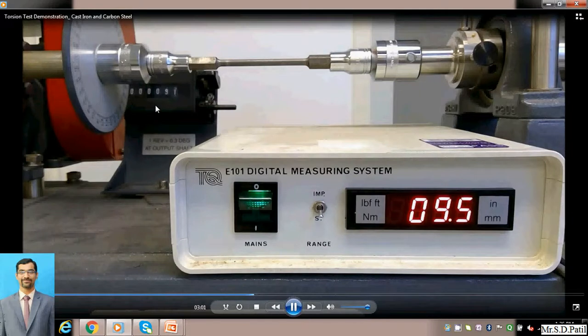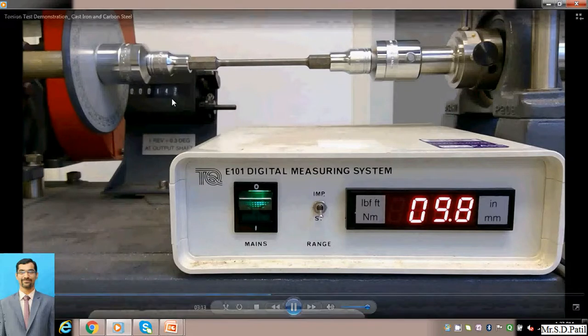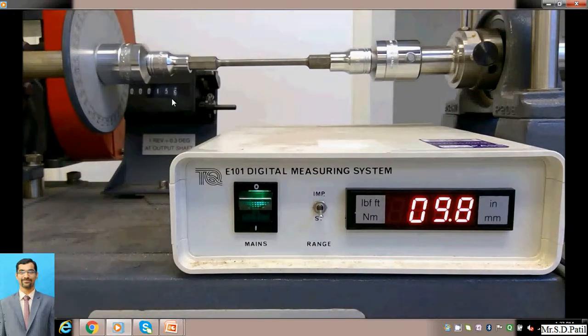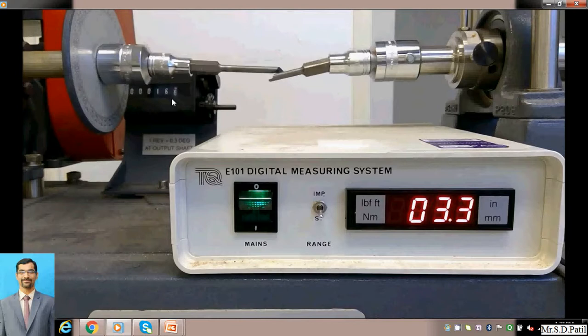Now we apply the force at a faster rate, and we can see very fast revolutions on the cast iron.